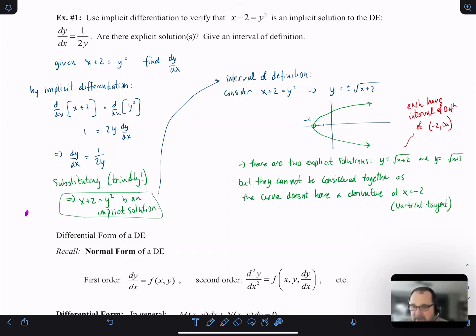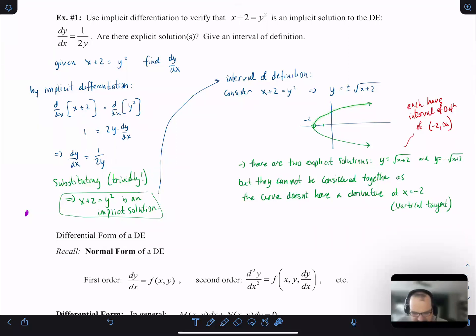So in theory, we have a solution here, but we already have two of them. I could either take this guy as my solution if y is positive, or I can take this guy as my solution if y is negative. So we cannot have this whole thing exist as a single solution curve at once. It has to be one part or the other.